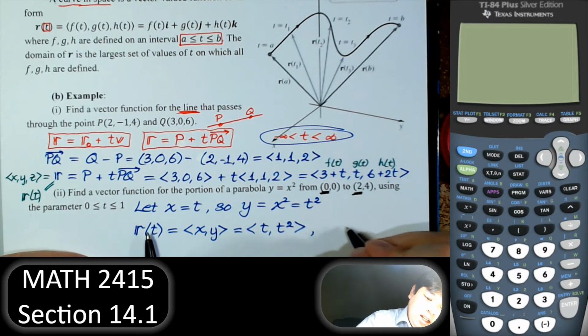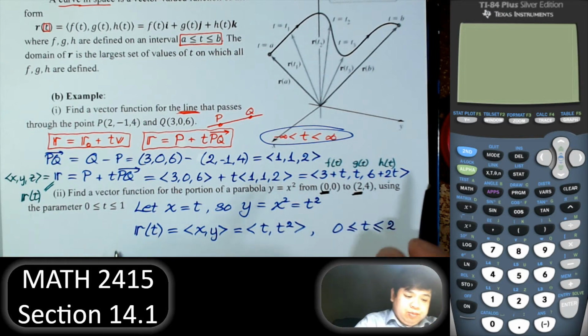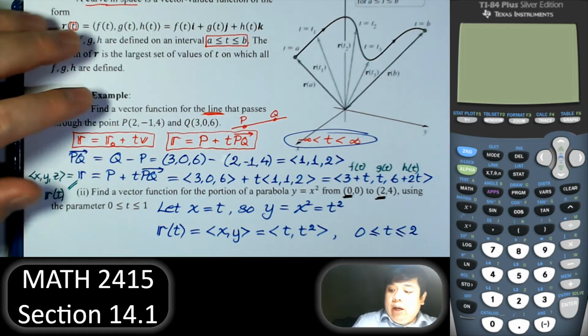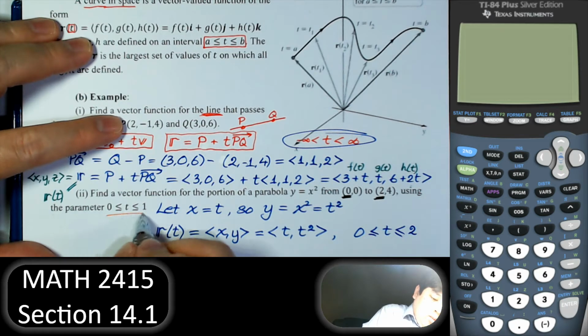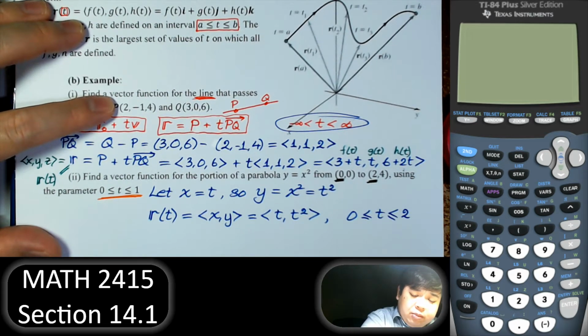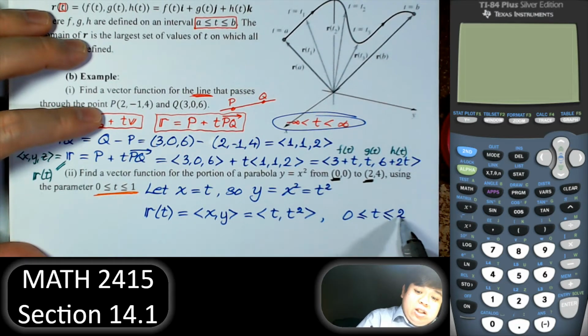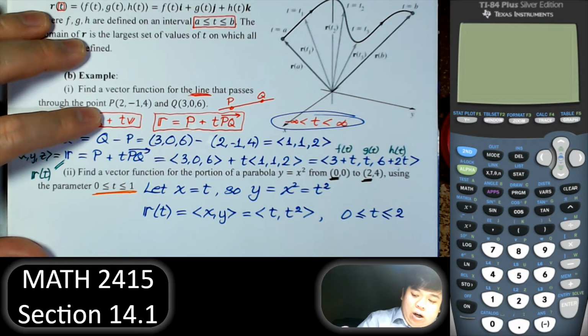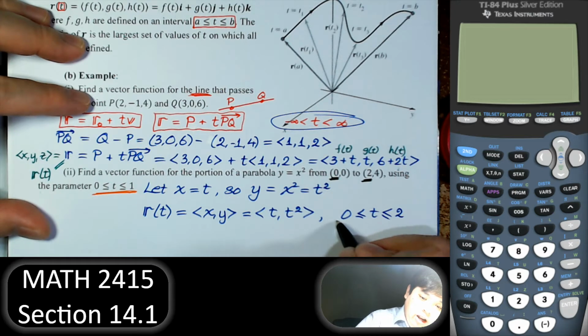So if we write it like this, t is between 0 and 2, right? That's not what we want. What we want is the parameter between 0 and 1. So how do we do that? To do that, we just need to convert this into 0 and 1. So I will just divide everything by 2.